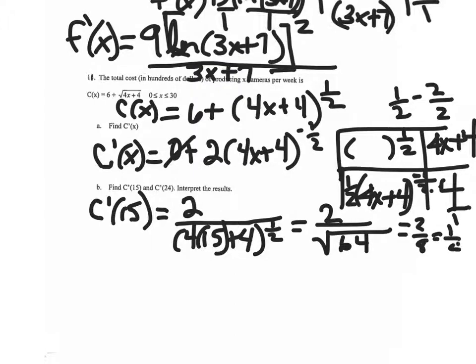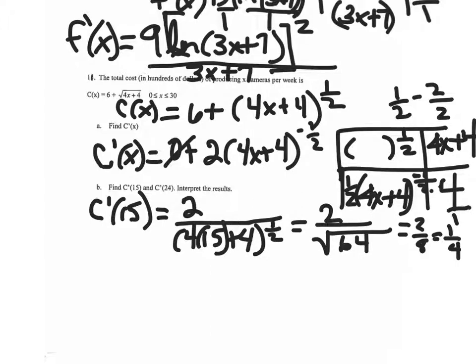Now, see if you can interpret this for me, and then we'll stop. The total cost in hundreds of dollars for producing X cameras per week is this. We just found the derivative. The derivative is telling us what? The rate of change of, and this is in hundreds of dollars, right?